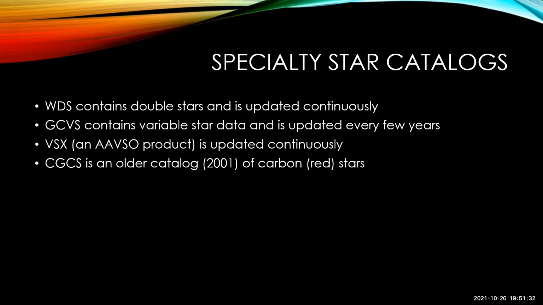The data will include things like the magnitude range of the variable star, how long it takes to go from a minimum to a maximum, and what type of variable it is, because they show different characteristics. So if you want to really learn about variable stars, you probably want to look at the GCVS.